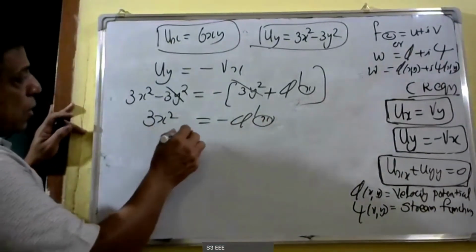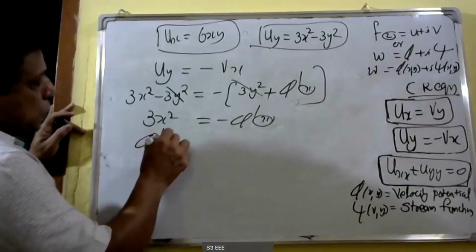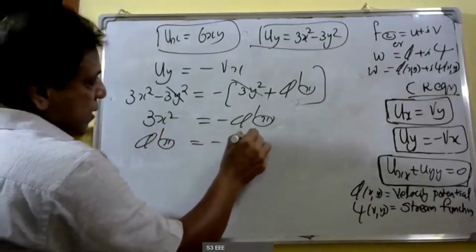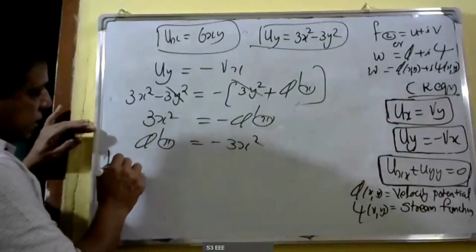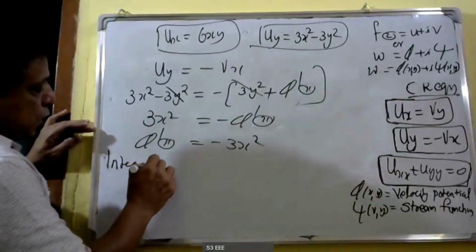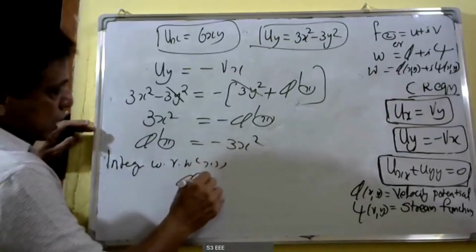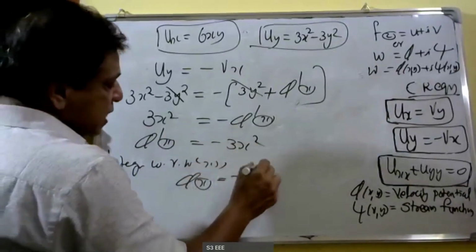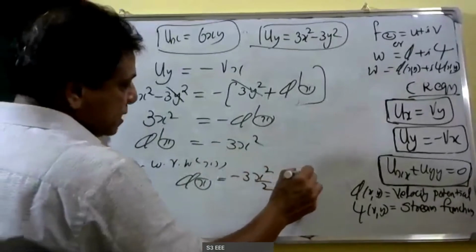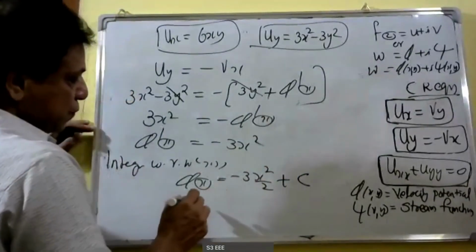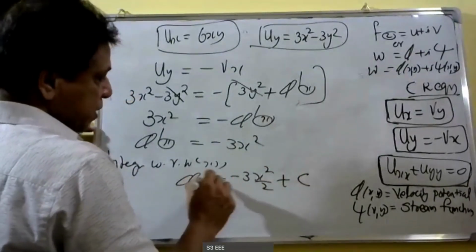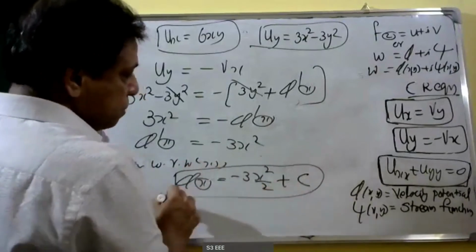Therefore, phi dash x is equal to minus 3x squared. Integrating with respect to x, we get phi of x is equal to minus 3x cubed by 3 plus c.